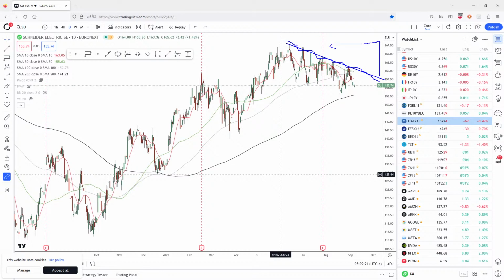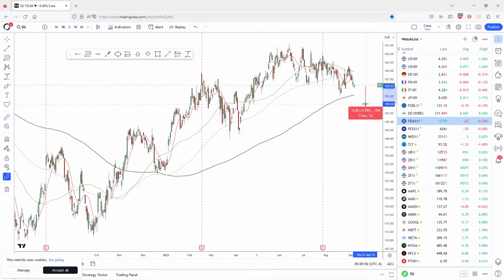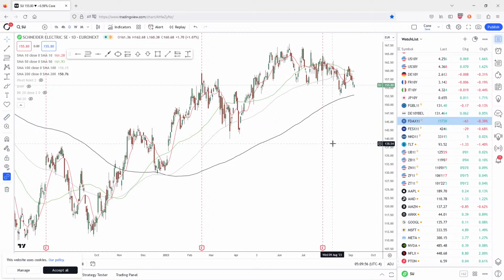But as long as this descending trend line can't get taken out, and especially if we take out the 200-day moving average, the risk is a lot of gap fills to the downside, starting at 4%, 6%, 7%. There's a lot of downside potential. Okay?